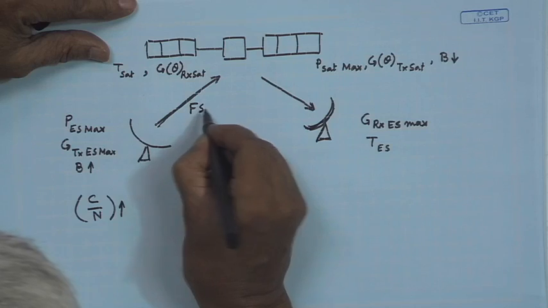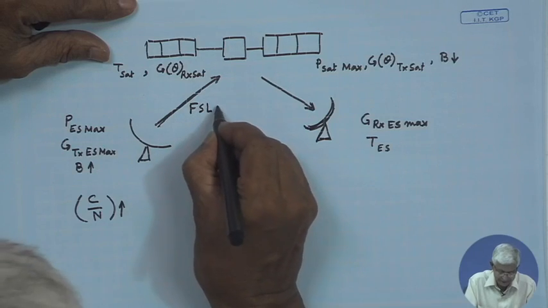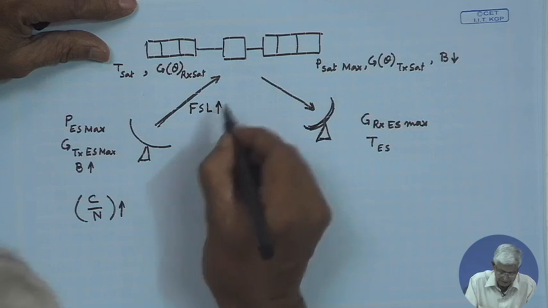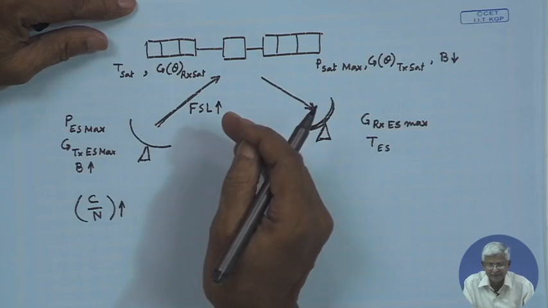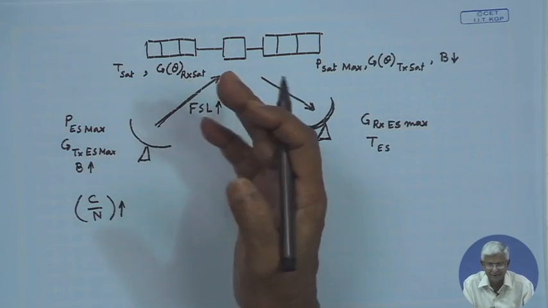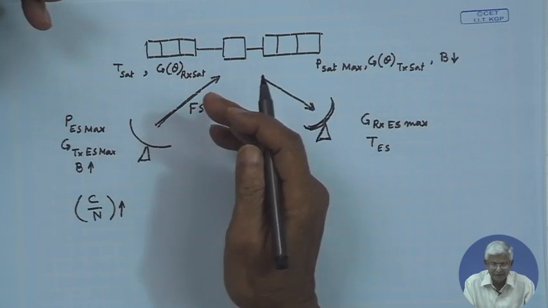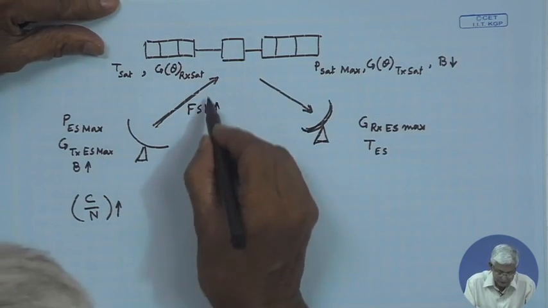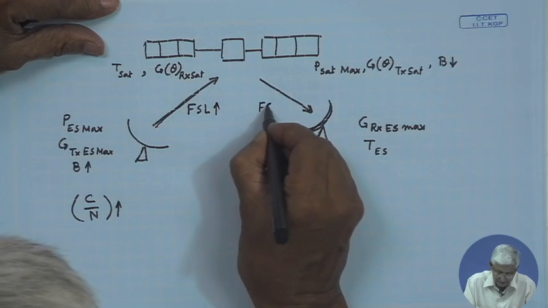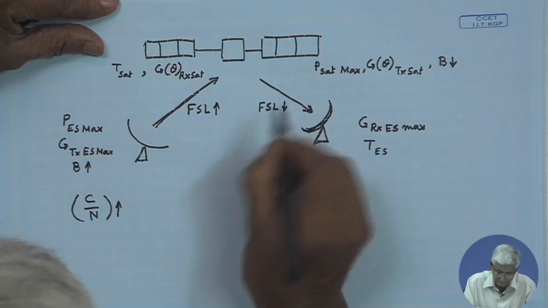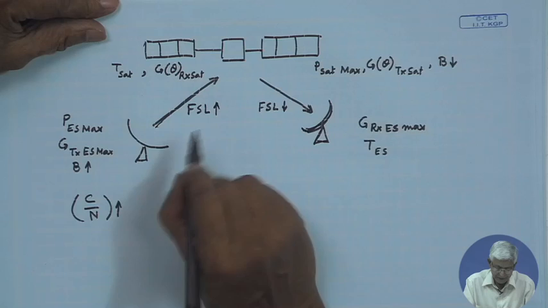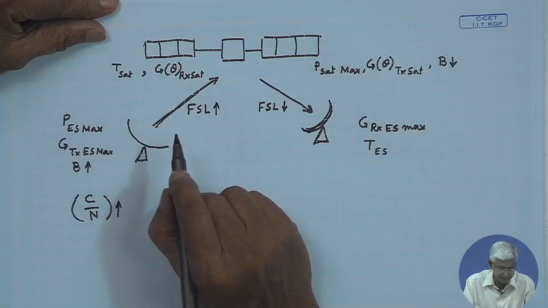To get yourself familiar, I am writing free space loss, which means the same thing. It is the path loss in the uplink. In some of the books it is written as free space, and you will be wondering what this free space is. So, it is the free space loss, same as path loss. So, free space loss uplink and free space loss downlink. These two are different because the frequencies are different.